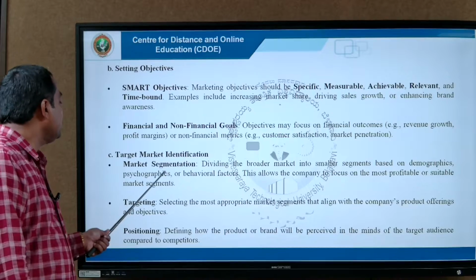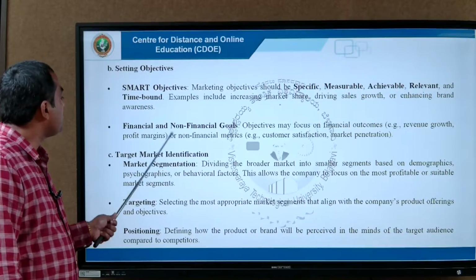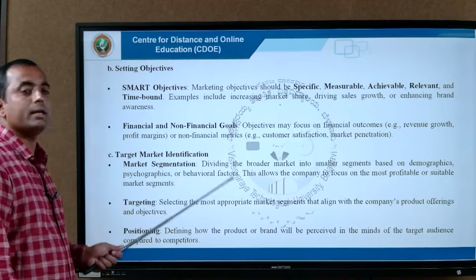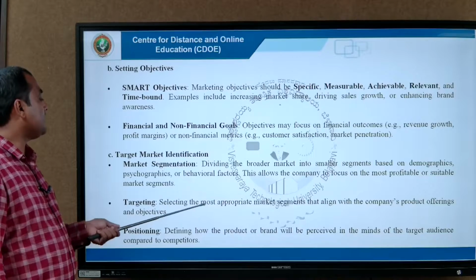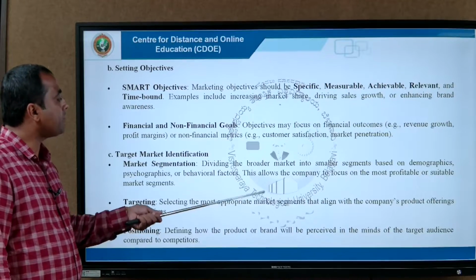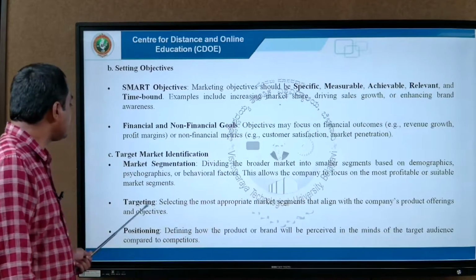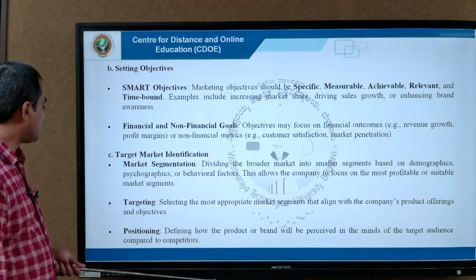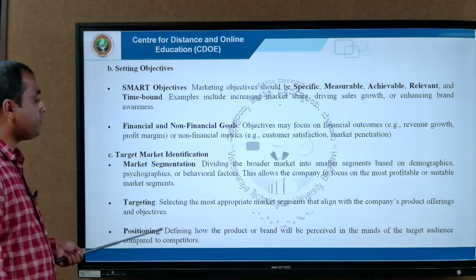So for all this, you basically need to have target market identification. In that you are going to do this. Then targeting: selecting the most appropriate market segment that aligns with the company's product offerings and the objectives. Then to position, once you segment, you target, then position.